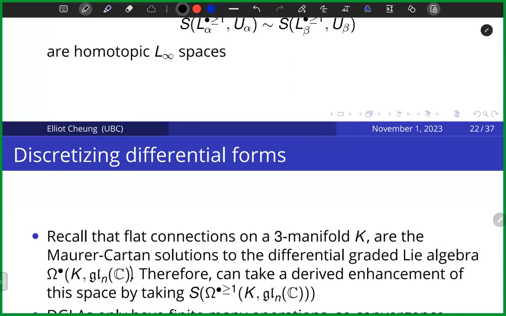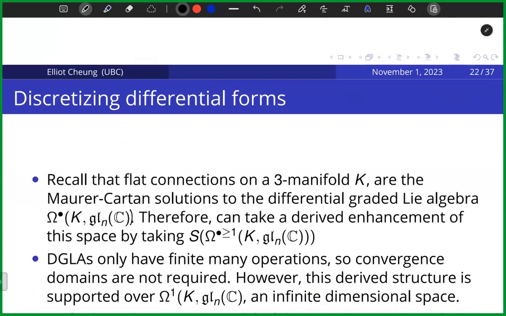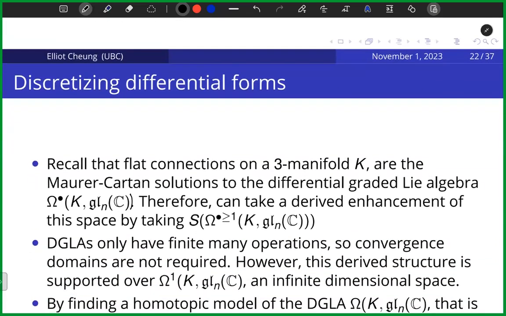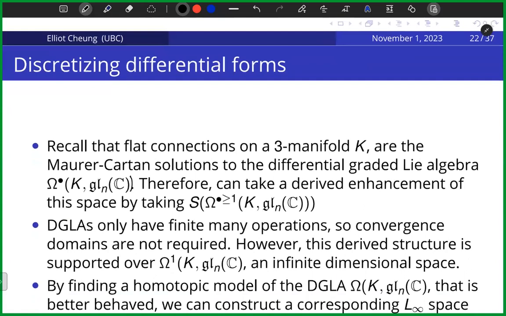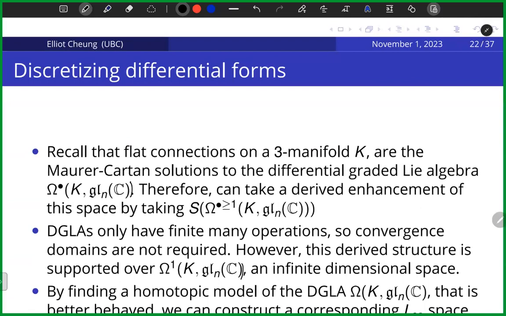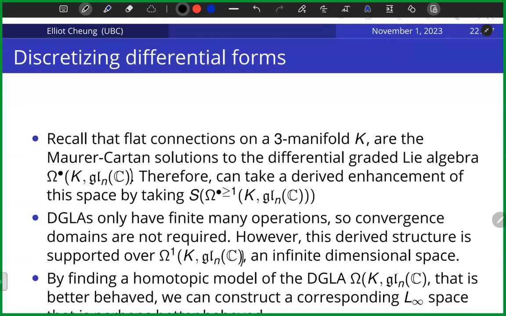In particular, it's an L infinity algebra. So we can take this corresponding L infinity space, and we don't even have to pick an open set U because there's only finitely many operations. So the Maurer-Cartan function is just got 2 terms, but it's supported over this infinite dimensional space.